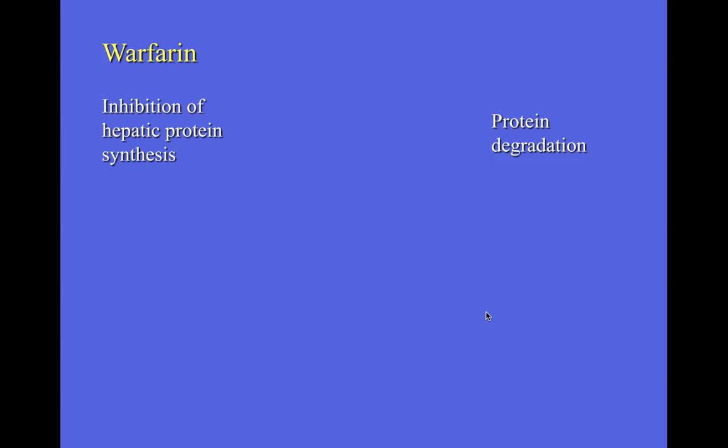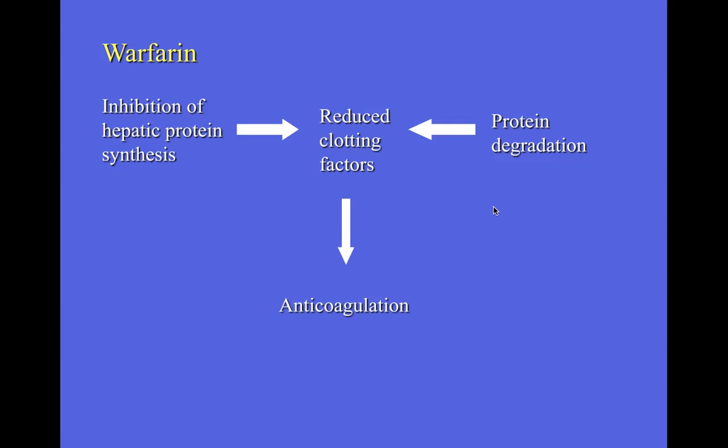Here's a simple example, using warfarin. Warfarin inhibits protein synthesis by the liver. There's also a parallel process with slow degradation of protein occurring in the body as coagulant factors are used up. So both of those processes lead to a reduction in clotting factors, and that leads to an overall anticoagulatory effect.